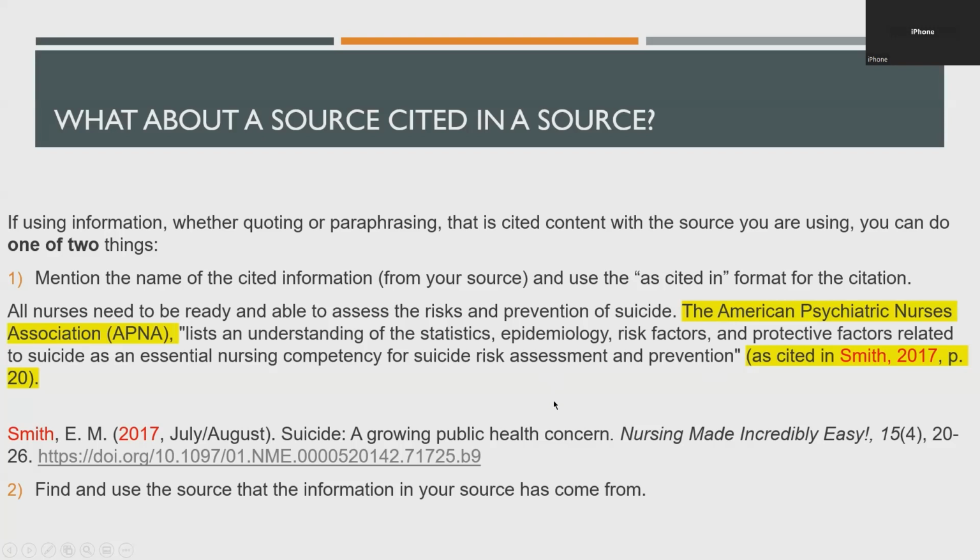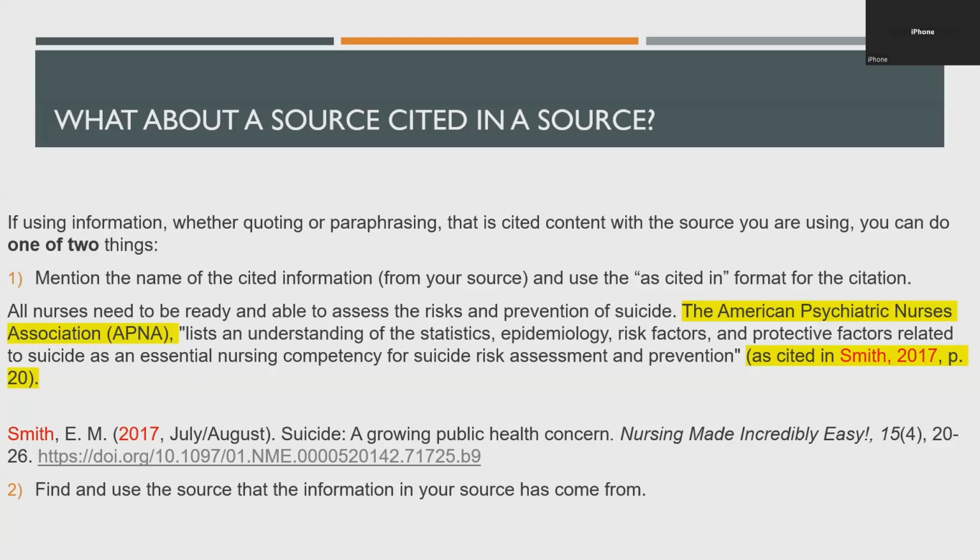Yeah, so it means that in the actual reference, you don't bring in the American Psychiatric Nurses Association? Yeah, that's exactly right, because you always want to cite the thing that you actually read. So if you didn't actually read what the American Psychiatric Nurses Association published, then you wouldn't cite that.